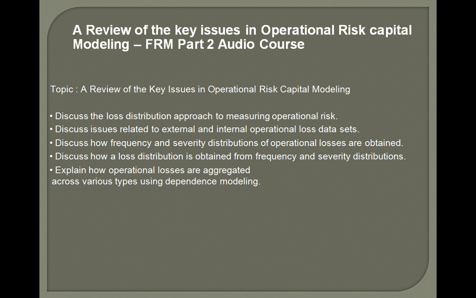The next point is that external data must be mapped to the current internal divisional structure. The fifth point is that operational risk capital calculation excludes boundary events such as credit risk and market risk. Then we convert losses in foreign currency into domestic currency. Then we make sure the process minimizes the chance of double counting between data sources.